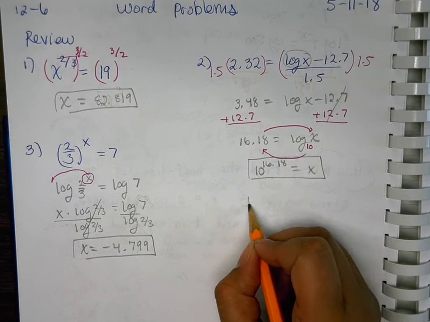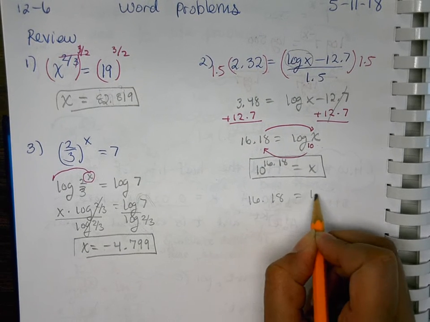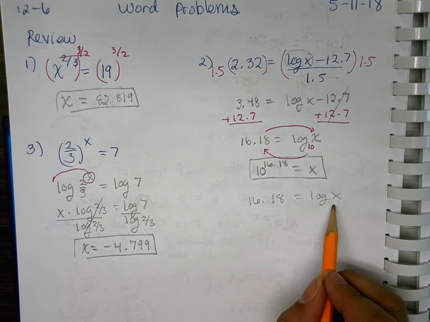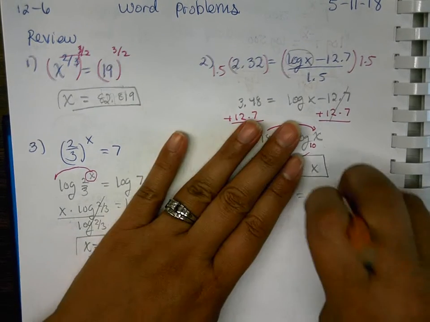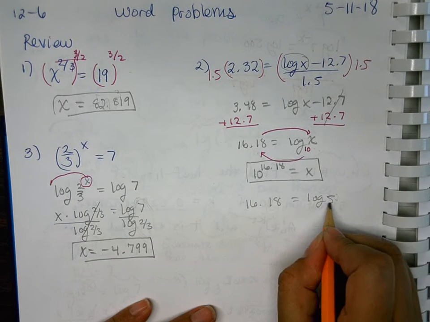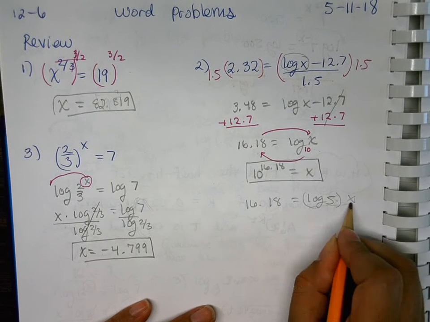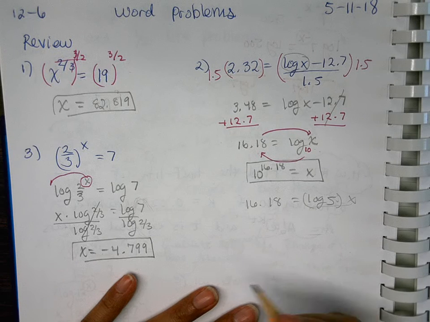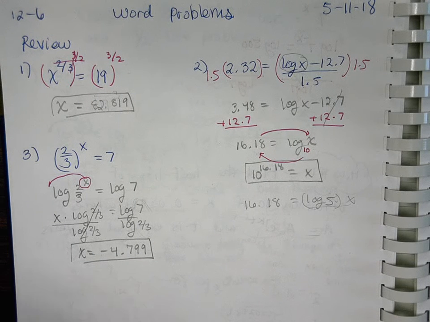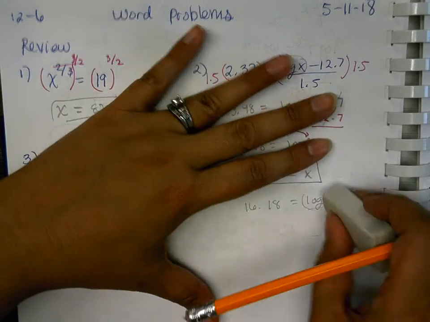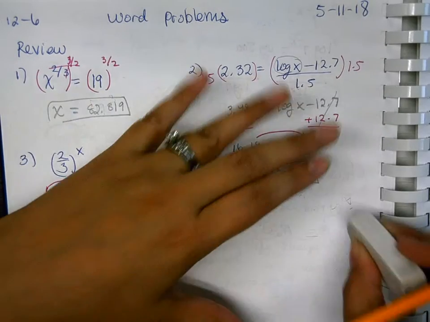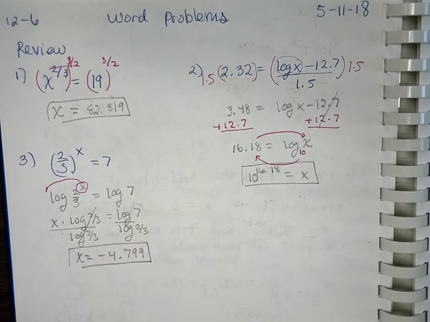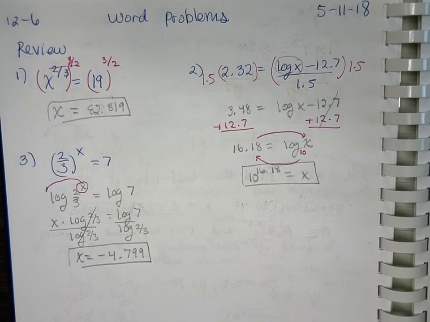If it was log of 5, and it was multiplied by something else, then you could divide by log of 5, but you can't multiply or divide by just log by itself. It has to be log of something. It's like saying multiply by the square root of what? It needs to have more to it. Yes. Okay, why did it come out negative?